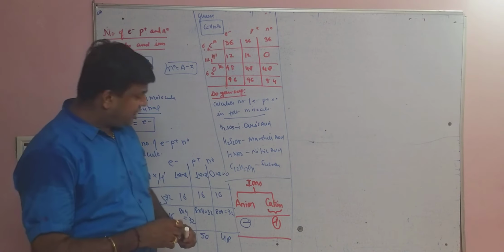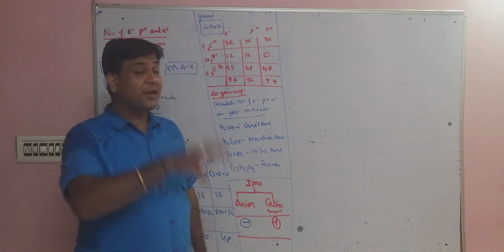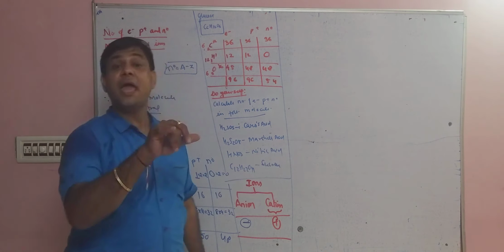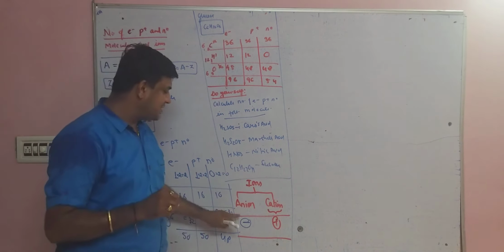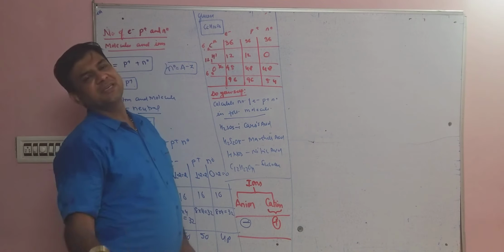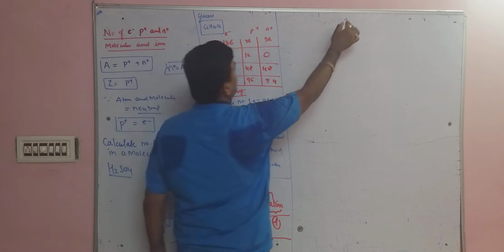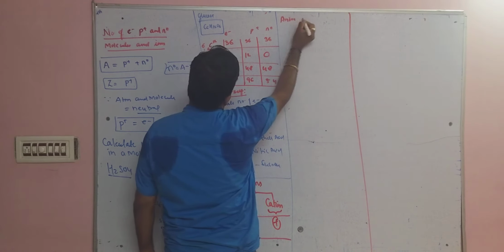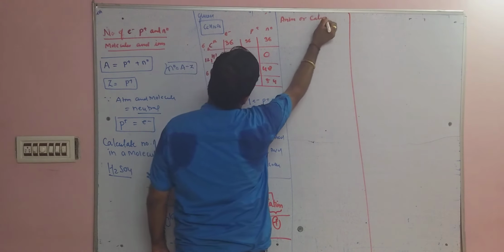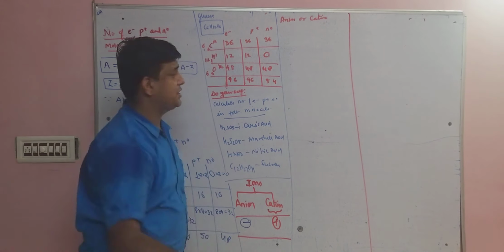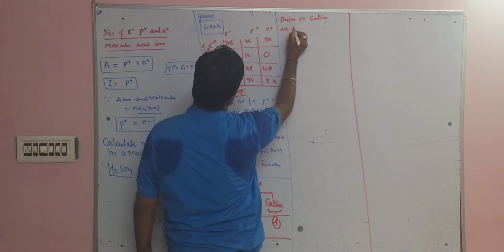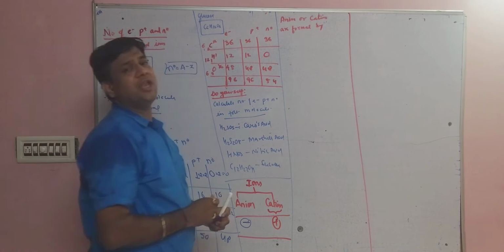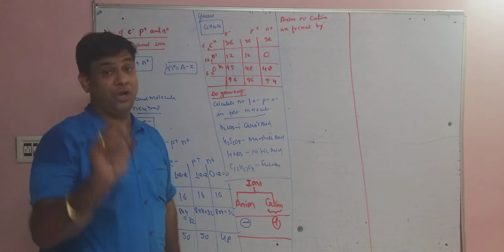Many of our students always get confused. How can we recognize anion and cation? Need not bother. Always follow my trick. Anion means it's a negative ion, and obviously the other is the cation. Now, see what I am writing. Either anion or cation are formed by change in the number of electrons only.